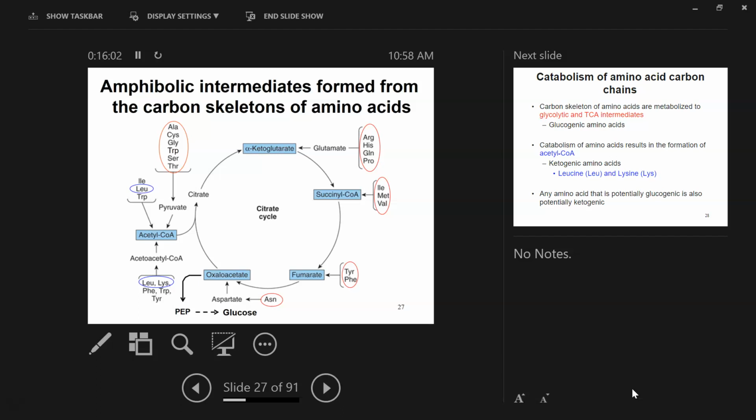And acetyl-CoA, once it enters the TCA cycle, will be completely oxidized, right? Acetyl-CoA only has 2 carbons, and we mentioned earlier that it's not a precursor of gluconeogenesis, right? So again, leucine and lysine are the ketogenic amino acids. They can only do ketogenesis for synthesis of ketone bodies, but not gluconeogenesis, glucose synthesis, right?